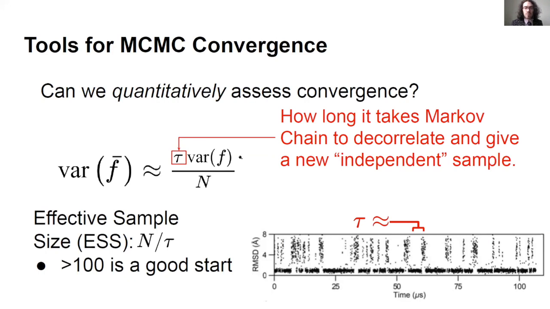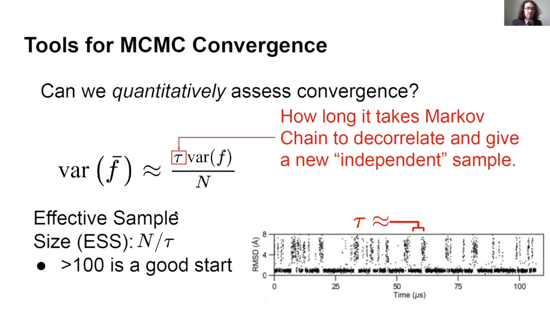However, in Markov chain Monte Carlo, I don't have independent samples. I have samples that are correlated with each other. So instead, I need this additional multiplicative factor, the autocorrelation time. You can think of this as an exchange rate. The autocorrelation time says how many samples of Markov chain Monte Carlo I need to trade in to get the same statistical power as one new independent sample.